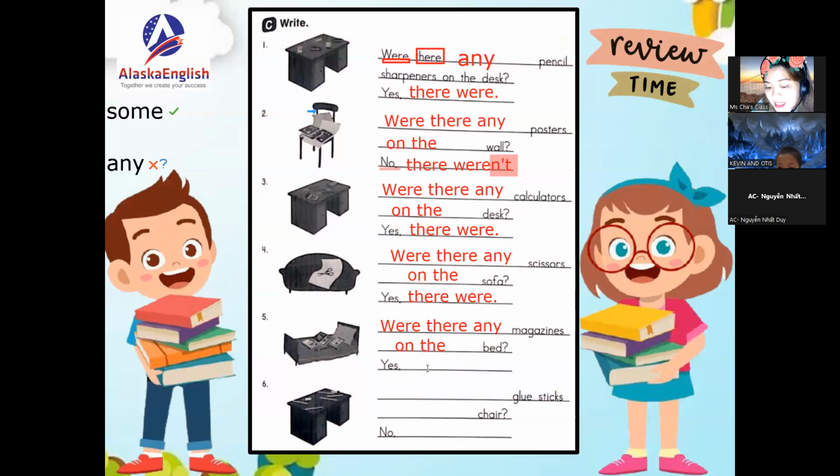What comes next? Yes, there were. Here, you just copy the beginning of the question.